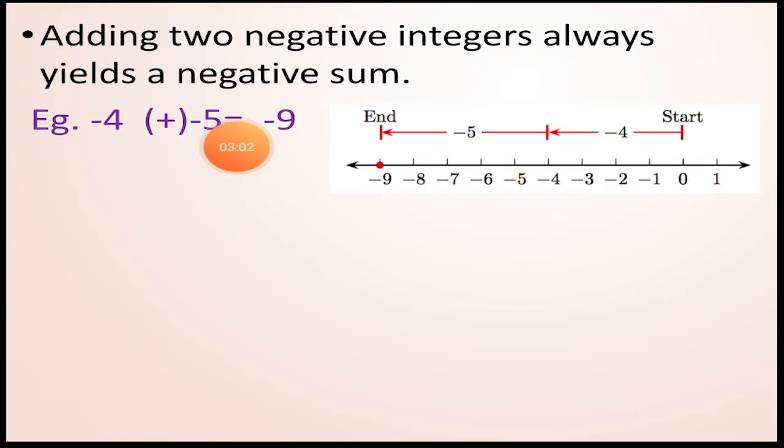So 5 is greater, and you can see this 5 bears the sign of minus in front of it. So the sum we have got, 9, will also bear the sign of minus in front of it owing to the sign of the greater integer.